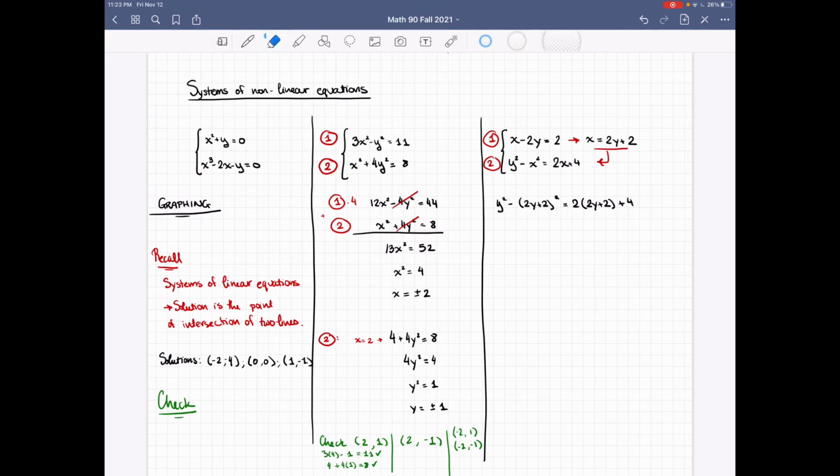So I'm going to go ahead and open up some parentheses and combine some like terms. So I have here y squared minus 4y squared minus 8y minus 4. And that's equal to 4y plus 4 plus 4.